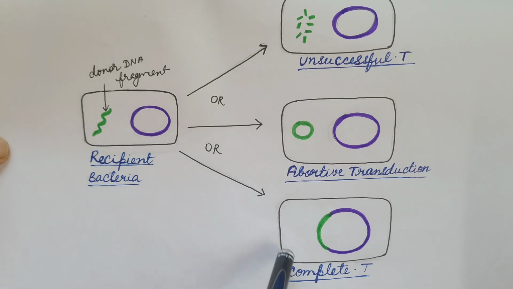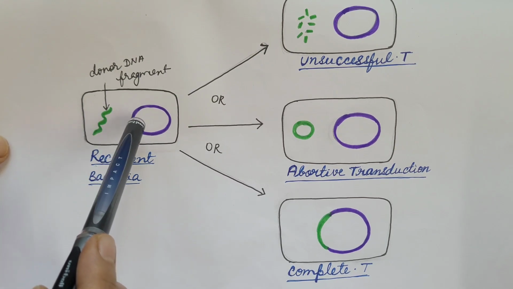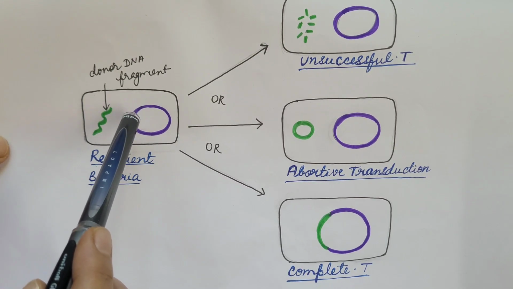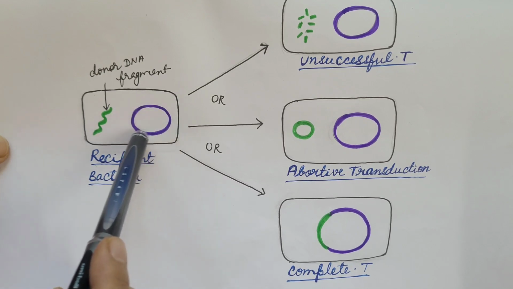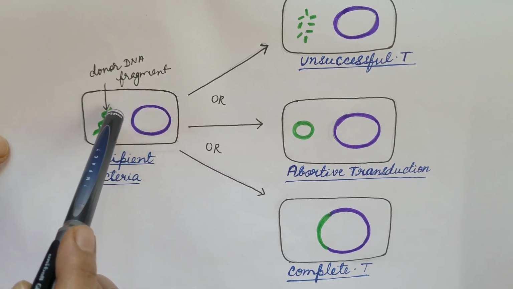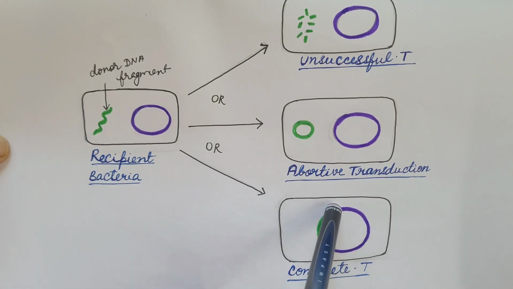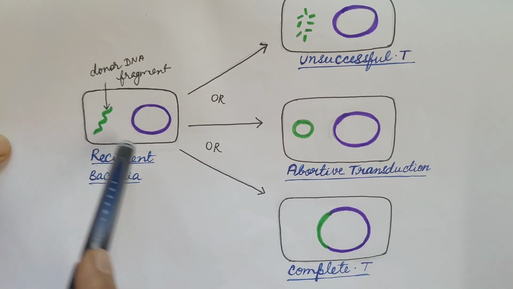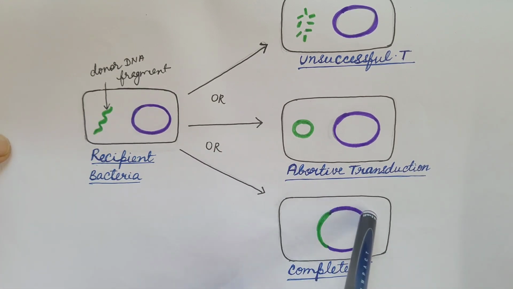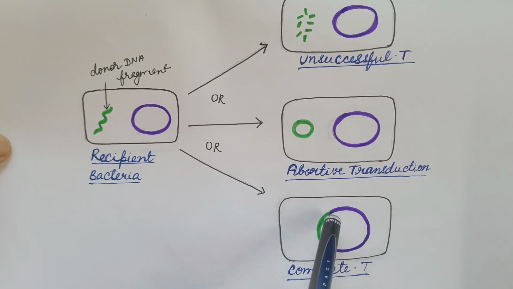In the third fate, if this donor DNA fragment shares homology with a certain region of this recipient bacterial genome, then site-specific recombination takes place. Now what happens? A recombinant is produced. So this donor DNA fragment is integrated in the recipient bacterial genome, and it is stable and replicates along with this bacterial genome.